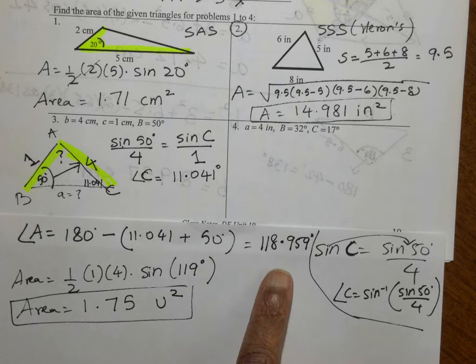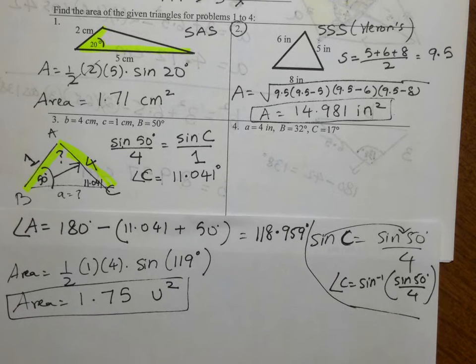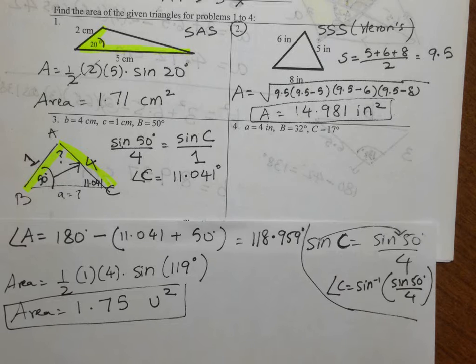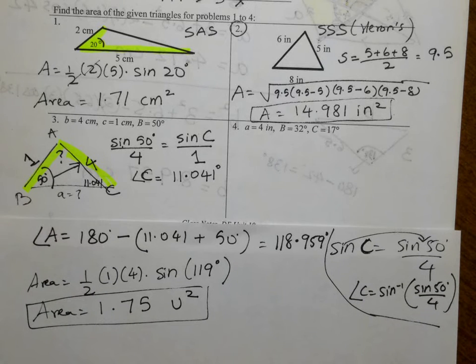Normally I tell you to keep to 3 decimals, but this is so close to 119, so go ahead and see if you got this answer. And there's no unit given, so I'm just writing it as unit square. Yes, Josh. Well, it's not squared, it is unit squared.